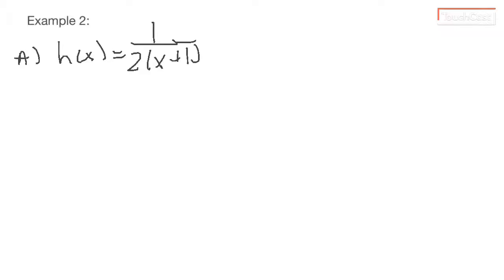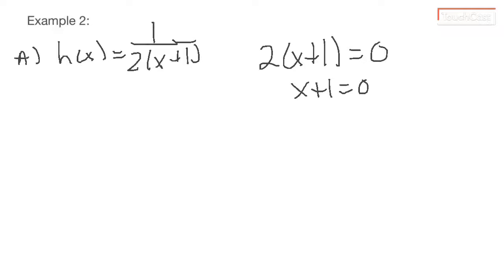So let's take our denominator, 2 times x plus 1, and set it equal to 0, and we could solve it for x. But this one is actually fairly simple. There's two outcomes. In fact, only one. We need to make sure x plus 1 equals 0, and in order for that to happen, x has to equal negative 1, which means our vertical asymptote for our function is going to be x equals negative 1.